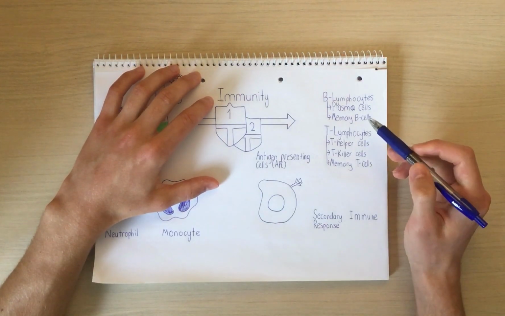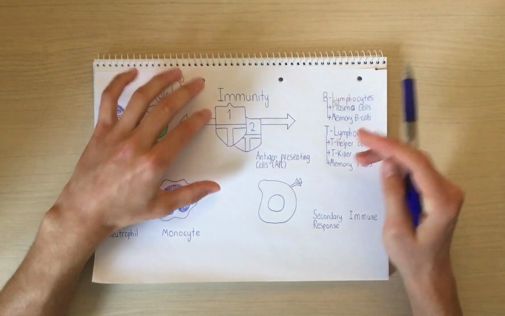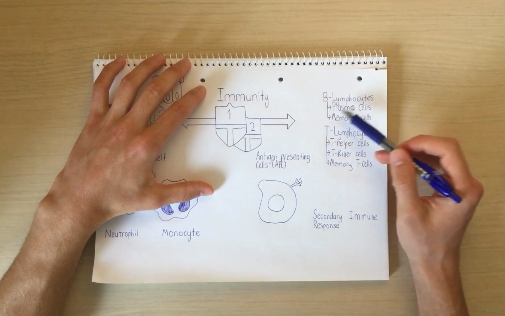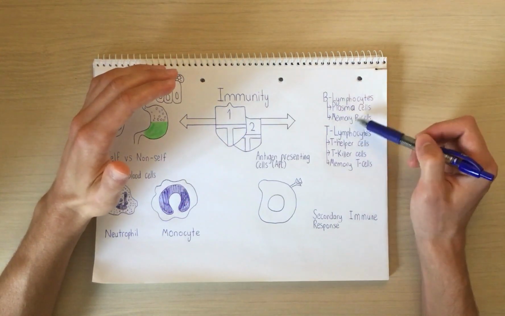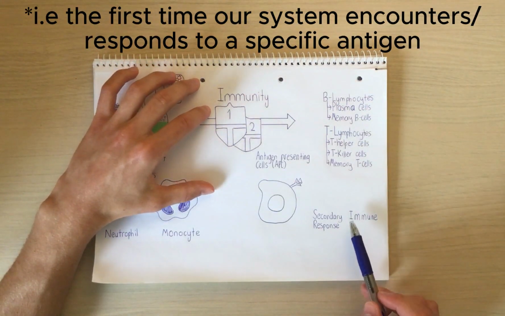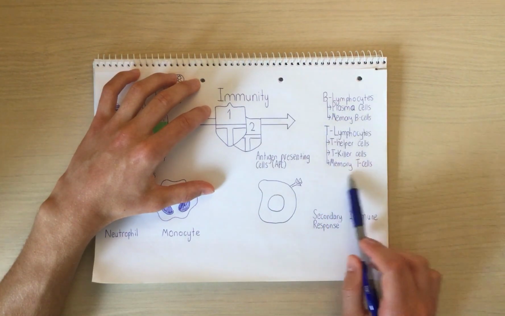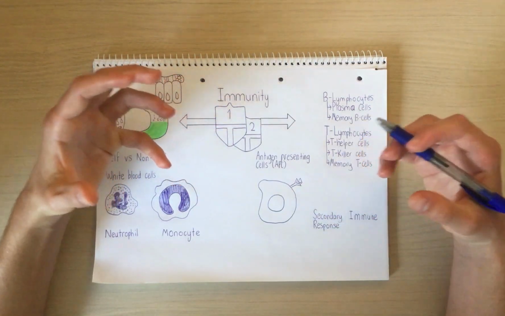So the primary immune response has been our T helper cells, our B lymphocytes becoming activated, producing more B cells, plasma cells, memory B and T cells, etc. That's the primary immune response. Now, after we have the primary immune response, we have memory B and T cells. These are going to provide long-term immunity.